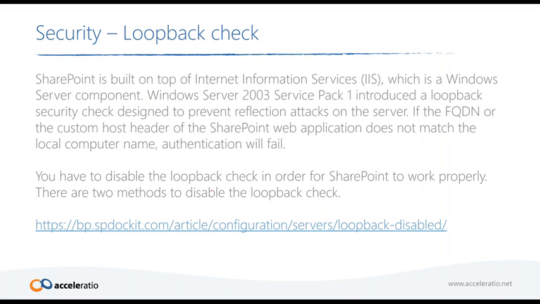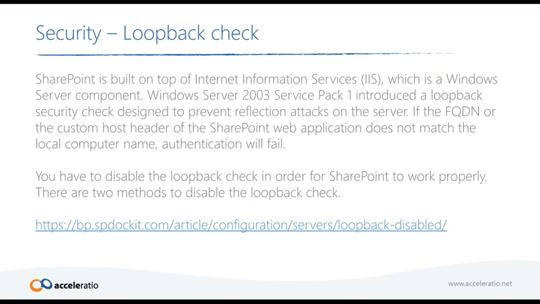One of the common things that has been a problem for many years in SharePoint is loopback. Microsoft introduced this in Windows Server 2003, and this caused problems for many people because some of the SharePoint services running on that particular machine do not know how to connect to the machine, or they are being rejected because there is a security check, the disable loopback check.